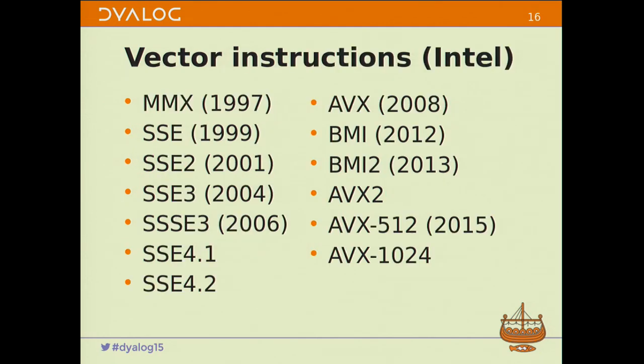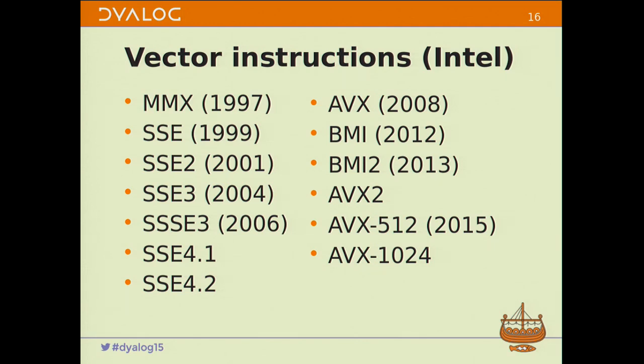Now, I mentioned the fact that modern CPUs have vector instructions. Over the last 15 or 20 years, I think probably by far the biggest change in the single core performance of the CPUs that are coming out is the fact that they're coming out with new vector instruction sets all the time.